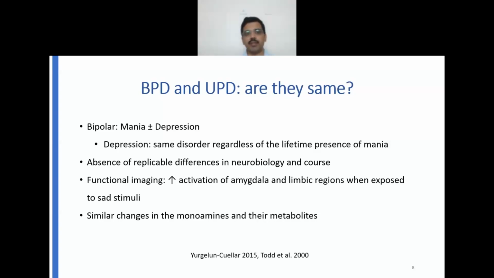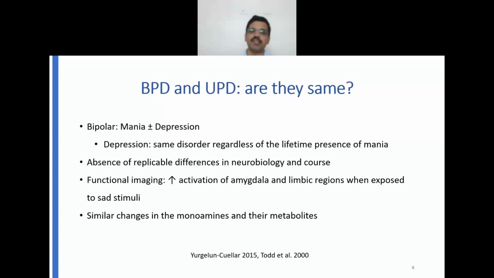Why? Because, looking at the neurobiology and the course, both unipolar depression and bipolar depression have similar neurobiology and similar kinds of courses. Coming to the neuroanatomical correlates, what do the functional neuroimaging studies tell us? There is increased activation in the amygdala and the limbic cortex in both these disorders. The functional neuroimaging also suggests similar findings in response to exposure to sad stimuli.